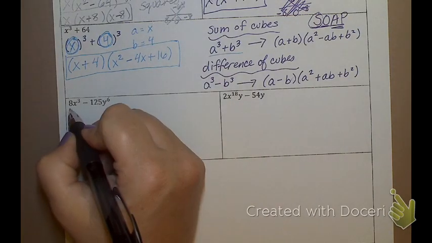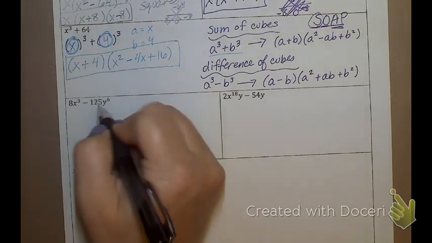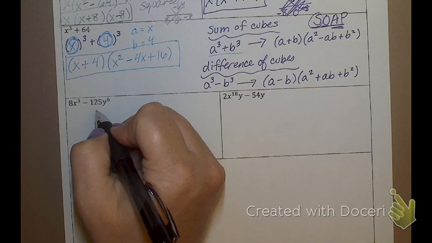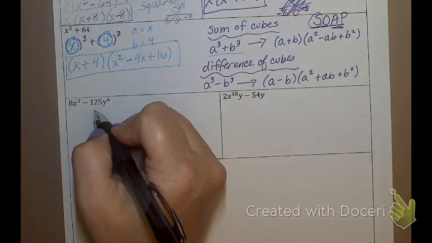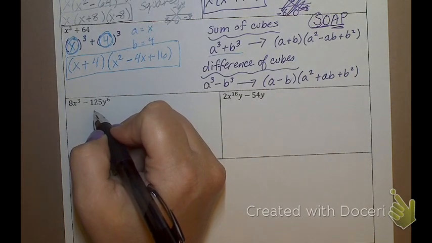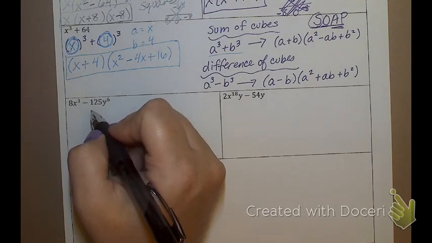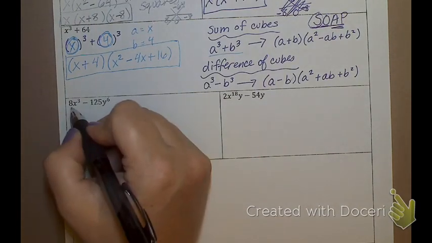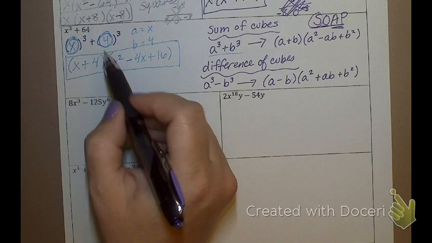So, is 8 a cube number? Is it something cubed? What is it? 2 cubed. Is 125 a cube number? Yes. What is it? 5 cubed. What are some other cube numbers? 27, because that's 3 cubed. 8 we've got here. 64 we had in the previous problem.